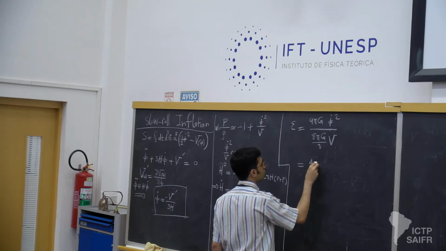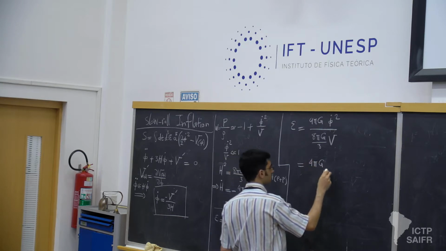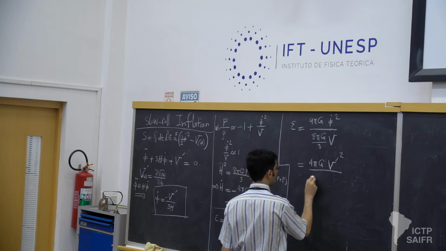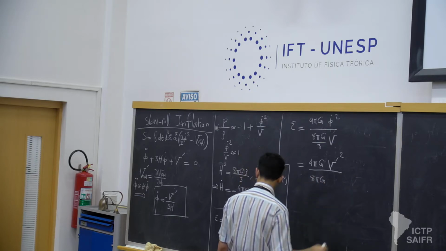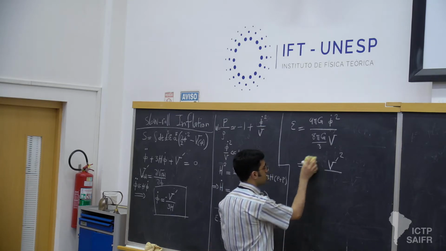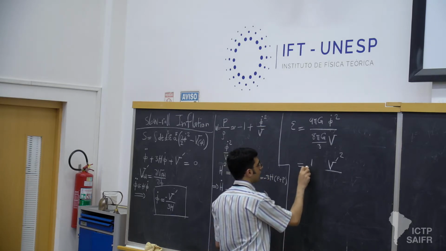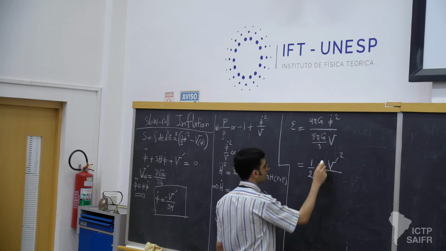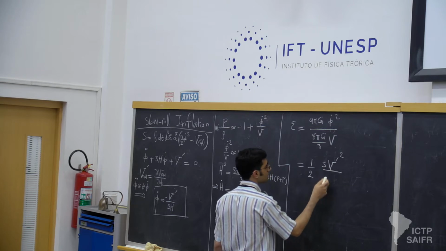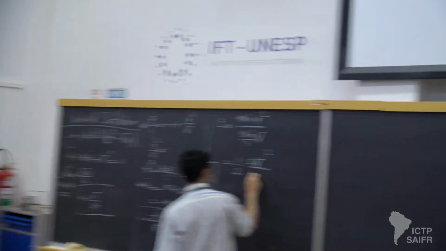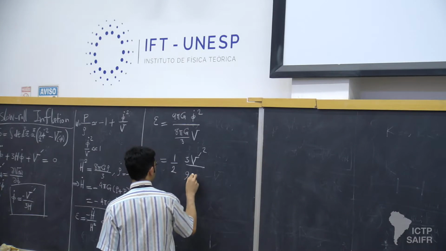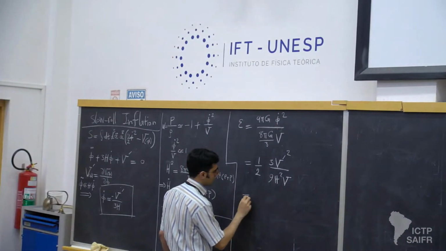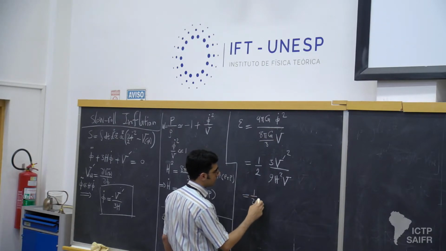So this gives me 4 pi G. Phi dot squared is V prime squared divided by H squared, and in the denominator I have 8 pi G. Well, let me cancel this 4 pi G and 8 pi G. So I just have 1 over 2, then 3 here, and then I will have 9 H squared V. Again, I can use the Friedmann equation.